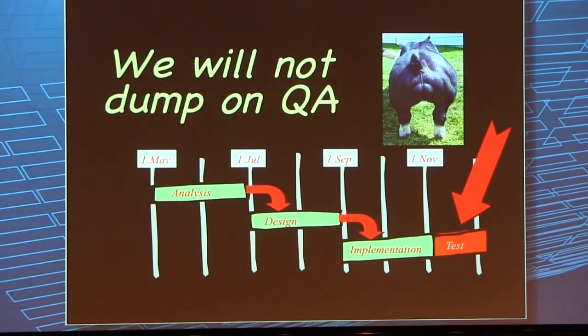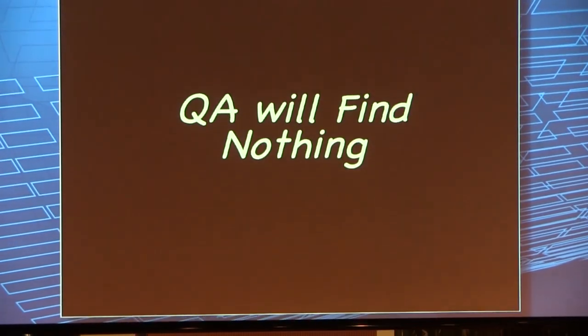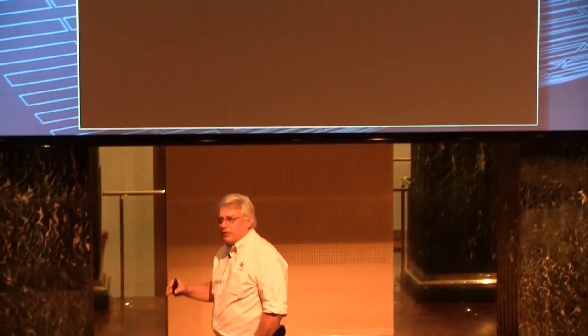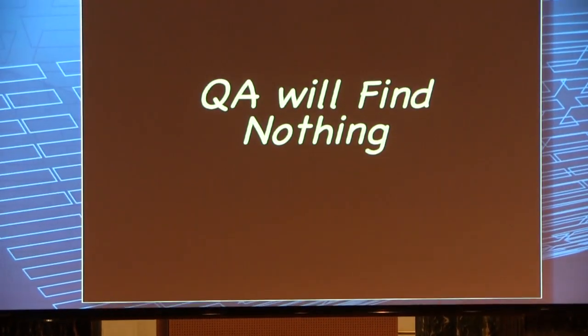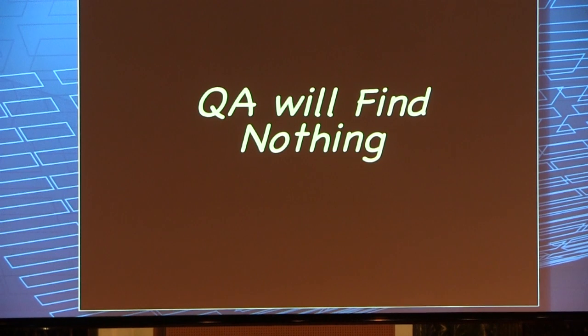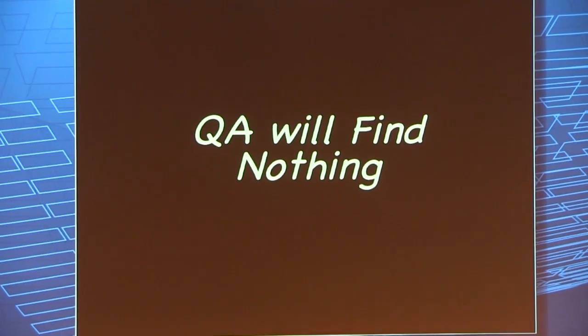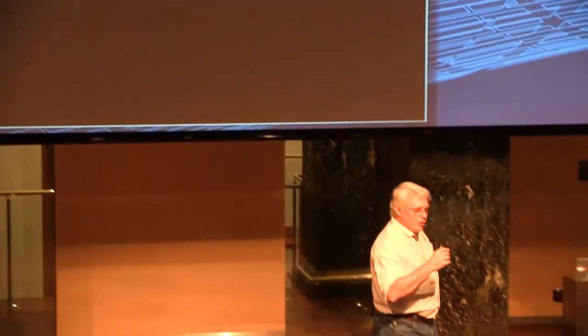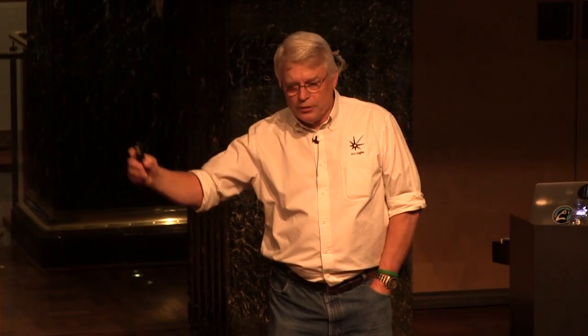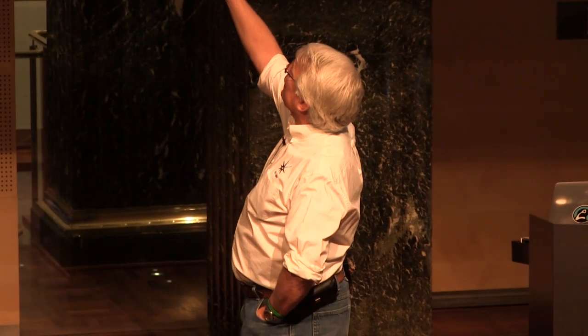I don't want the software team dumping their load on QA so the QA can sweep all the bugs back to them. You don't just say, well, why don't we give it to QA and they can debug it. When you release it to QA, QA should find nothing.